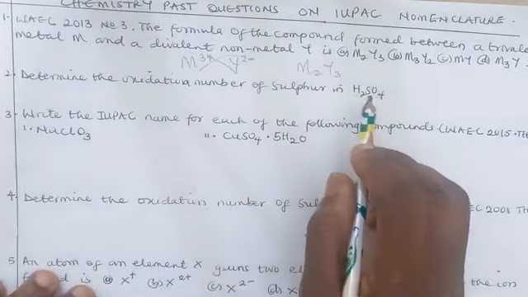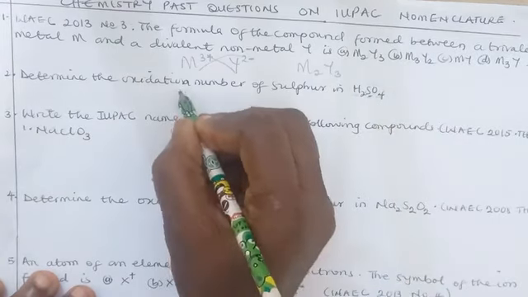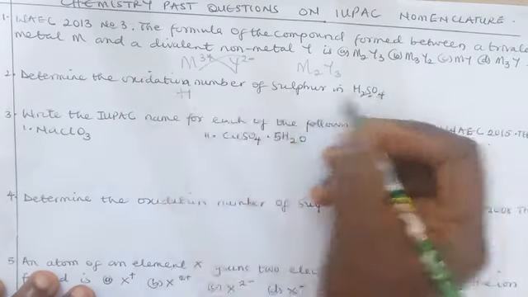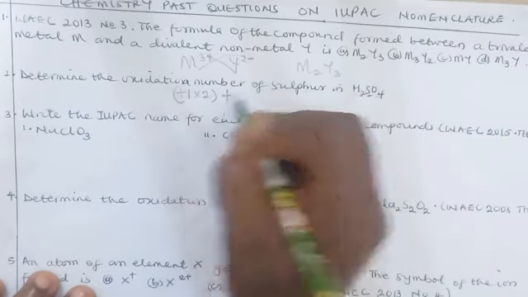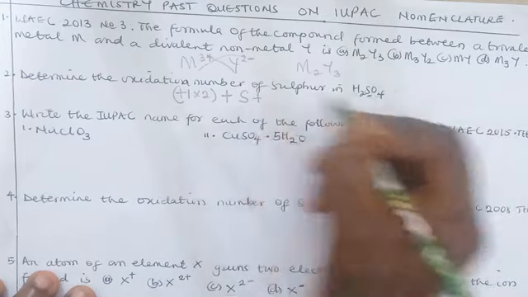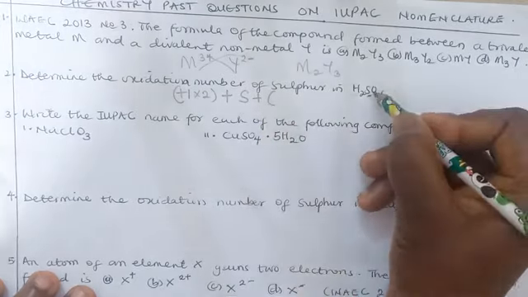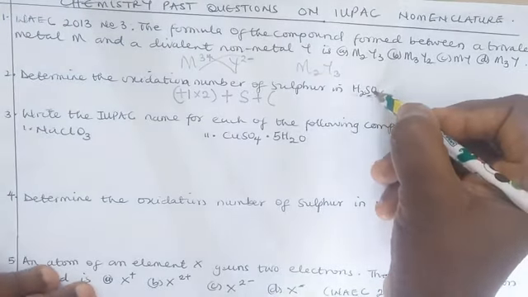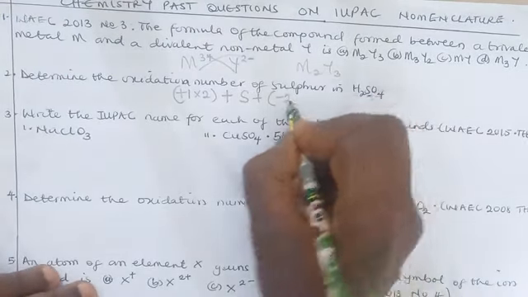For here now, let's quickly calculate the oxidation number of sulfur. Hydrogen carries +1, always +1, and there are 2 atoms of hydrogen, so we multiply by 2, plus sulfur, which is just a single 1. Assuming you have 2 sulfur here, multiply by 2. Then oxygen, the oxidation number of oxygen is -2. Why? The atomic number of oxygen is 8: 2 on the first shell, 6 on the second shell. It gains 2, so -2 because it's gaining.